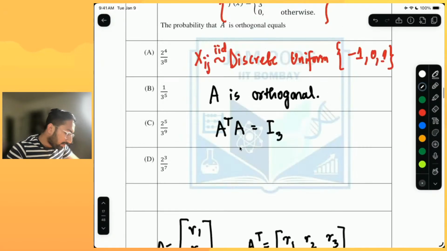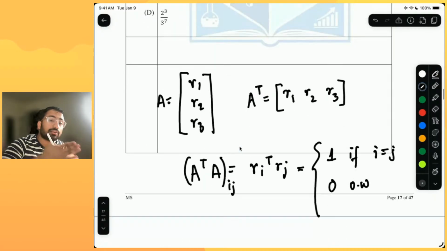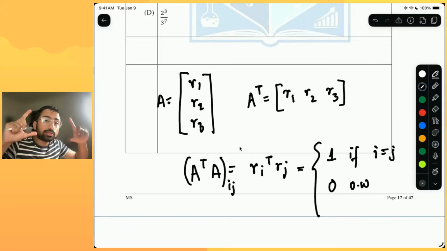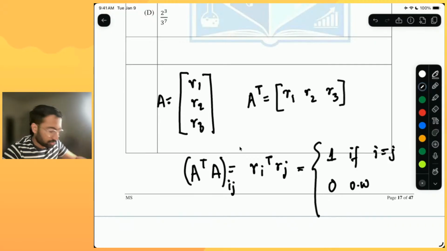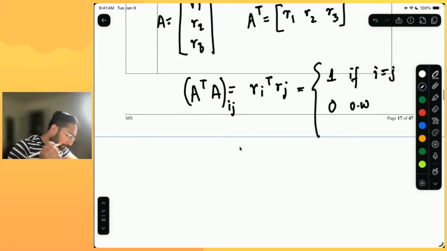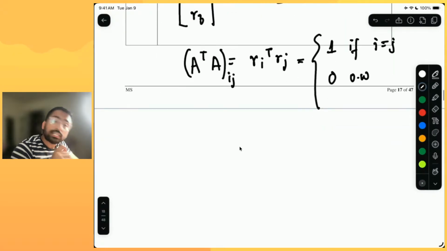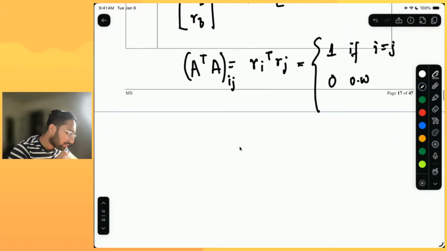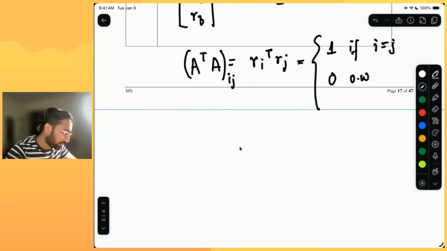So we can translate this problem in terms of the row vectors. Let's rewrite the problem in terms of the row vectors.